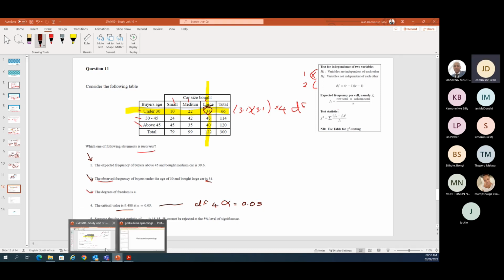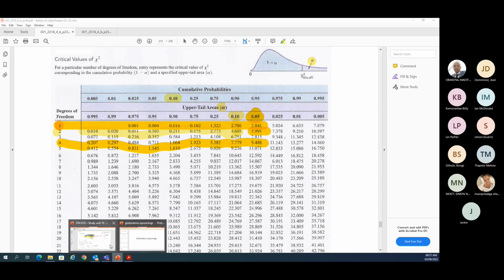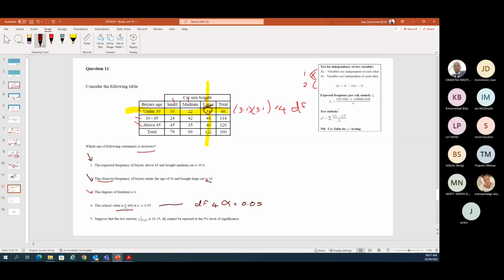Critical value from the table, we said degrees of freedom is 4, and alpha 0.05: 9.488. 9.488. Correct. Okay, so, oh man, I was hoping for an easy way out of this one.